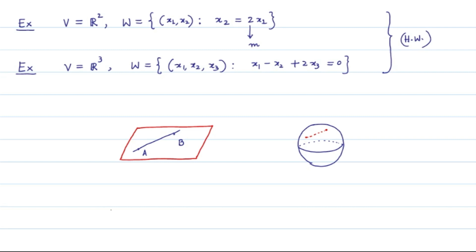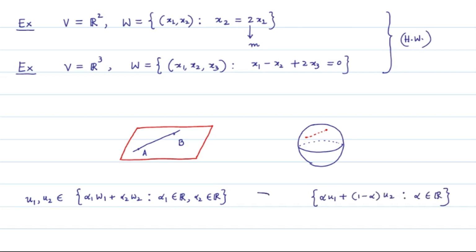Note that the set of vectors is geometrically linear because if u1 and u2 are two elements in this set, then the line joining u1 and u2 lies entirely inside this particular set.